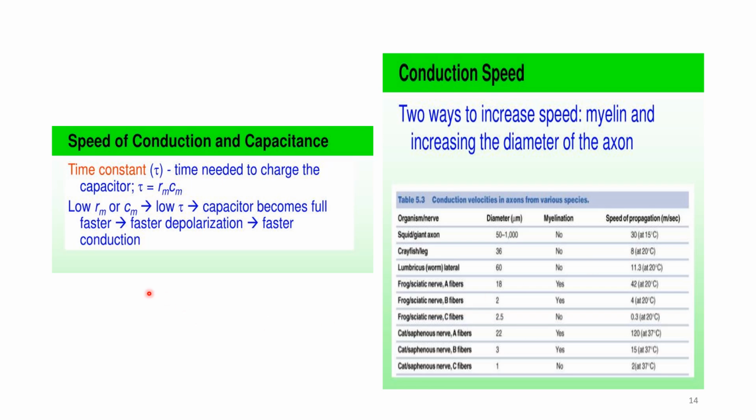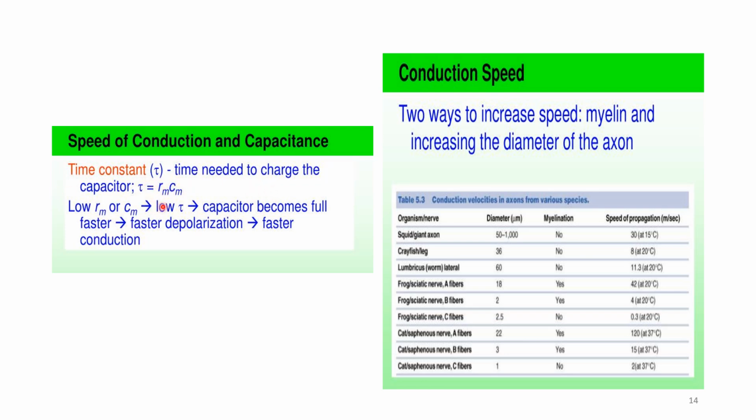Then we have talked about lambda. Now we came to time constant, tau, speed of conduction and capacitance. In this we are talking about time constant. This is the time needed to charge the capacitor. So how much time is needed to charge the capacitor? That is given by time constant tau.